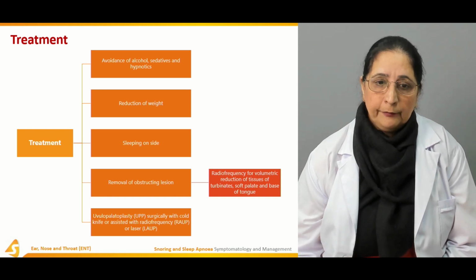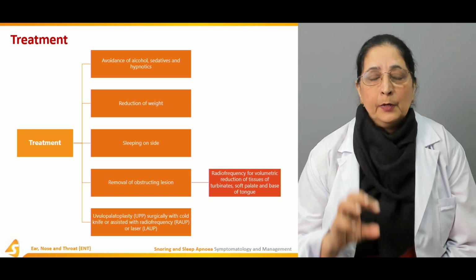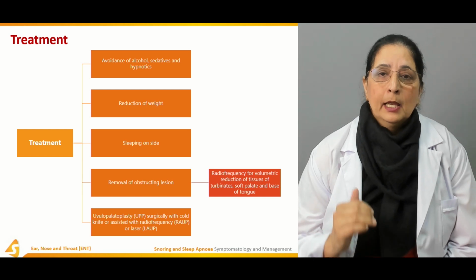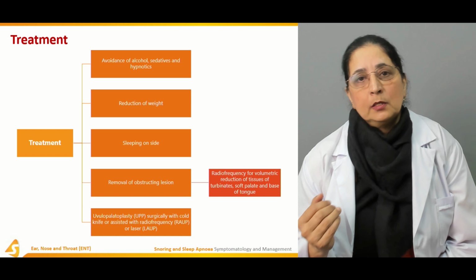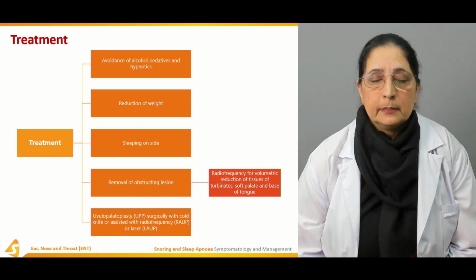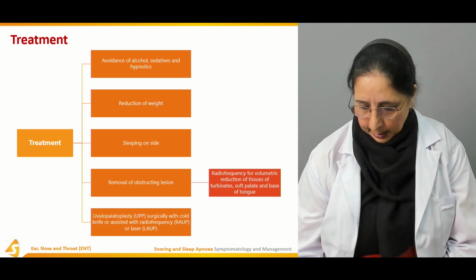So all these are different treatment options that can be tried. The main purpose of all these treatments is to remove the causative factor of the snoring, so that the complications and symptoms that can occur as a result of snoring can be avoided.